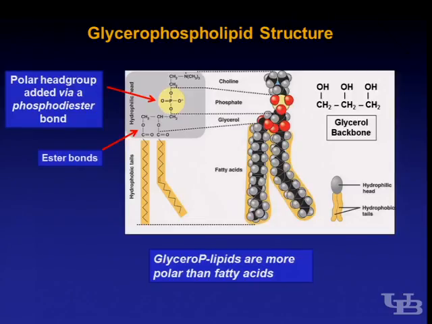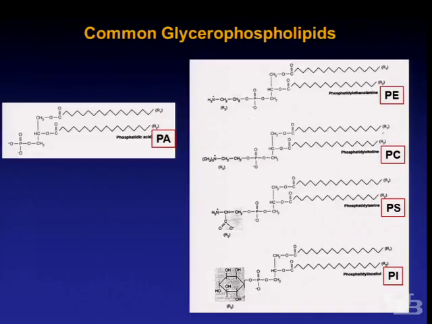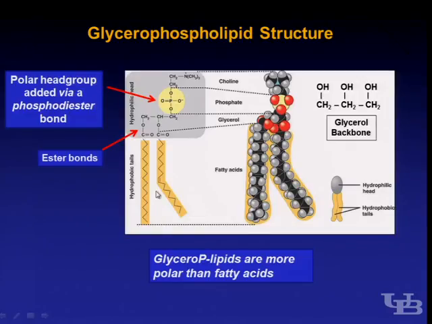So what you're doing is you're taking two fatty acids and bringing them together, but to maintain the amphipathic nature that you really need, as you'll see here for these membranes, we've now added something that is very polar. Right? So these glycerophospholipids are, in fact, more polar than the corresponding fatty acids, right? Okay, so we're going to look at some different glycerophospholipids, and you have to think about this in a couple of ways.